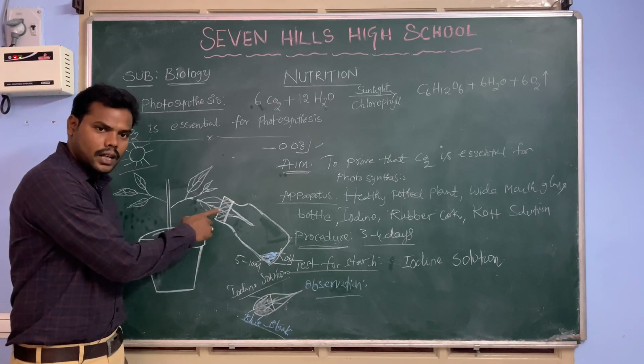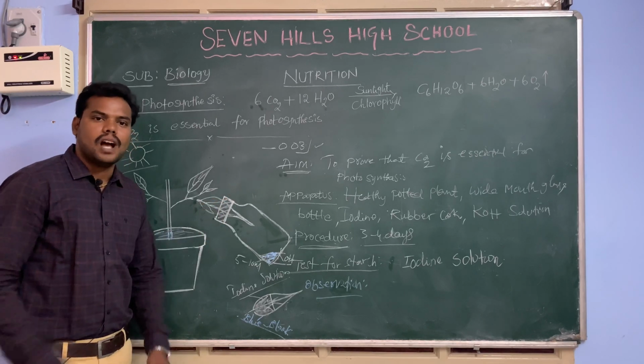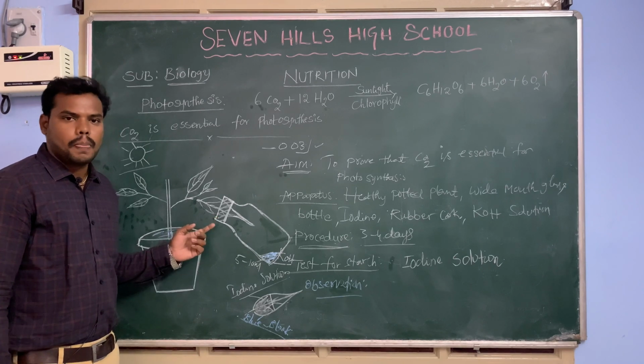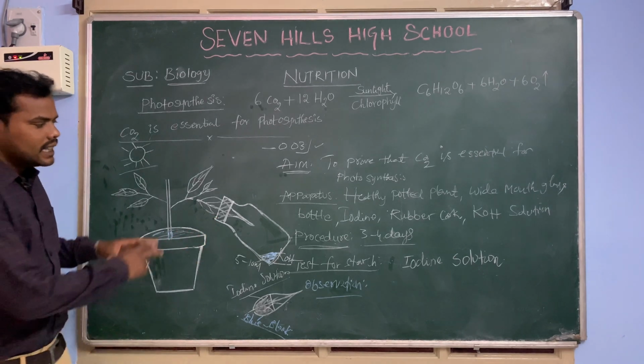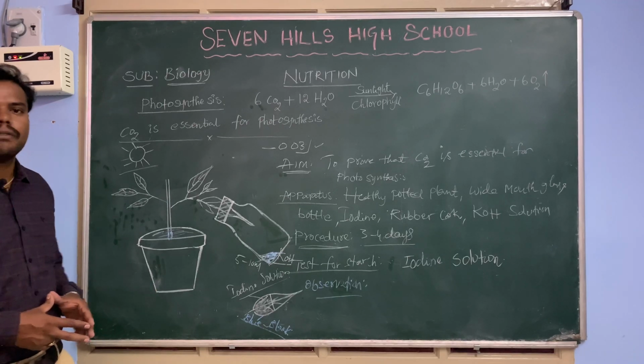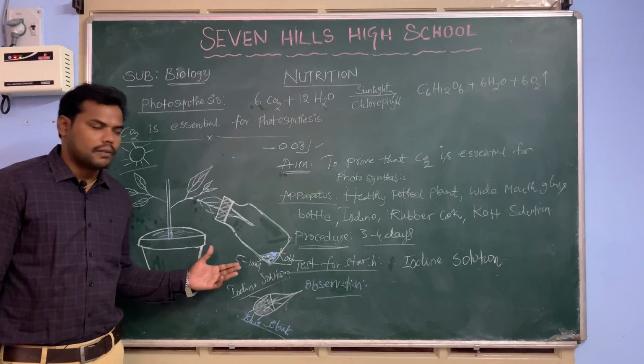That's why we apply Vaseline or grease to the mouth of the bottle. So finally, by this experiment we show that carbon dioxide is essential for photosynthesis. That is the experiment we are performing here.